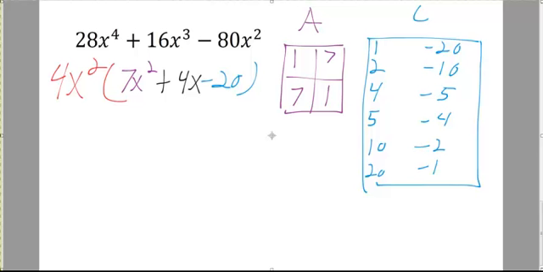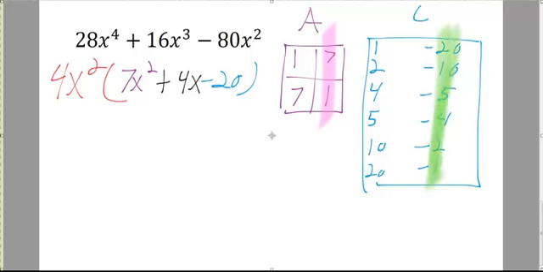Okay, and I'm going to highlight these in different colors. We'll have a pink highlighter right here, and let's do a green one in this.